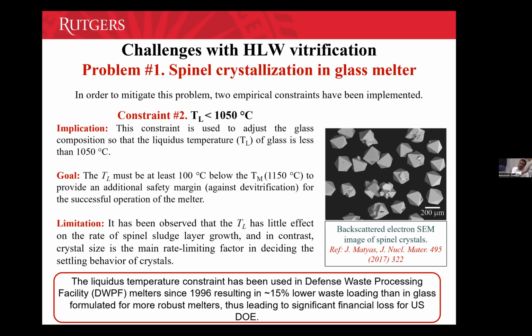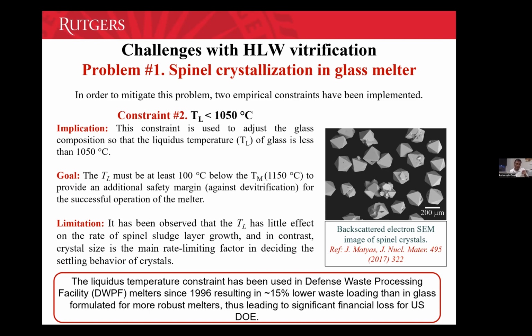In fact, at another site, Savannah River in South Carolina, they have seen that due to this particular constraint, they have produced 15% lower waste loading in the glass. In other words, if this constraint hadn't existed, they would have added 15% more waste to the glass, right? And still got a good glass out of it.